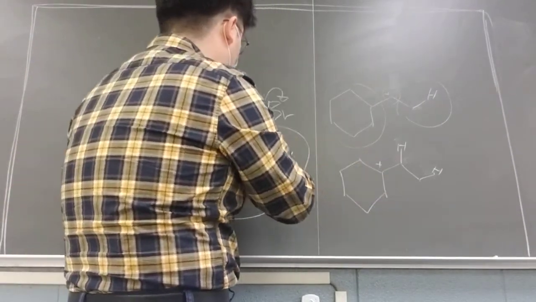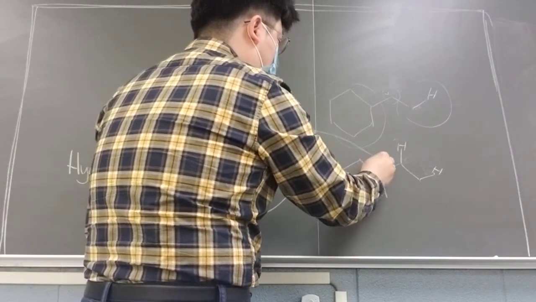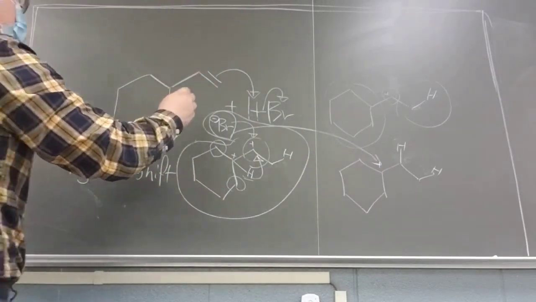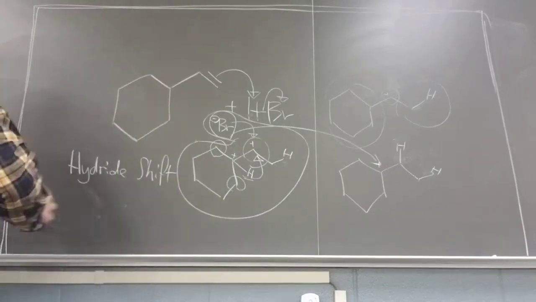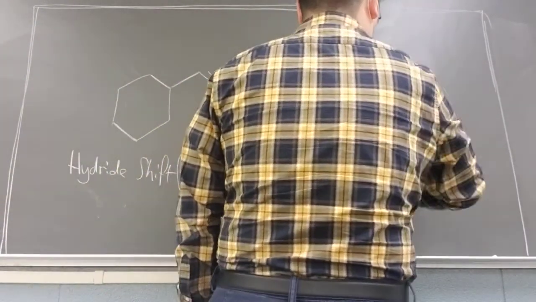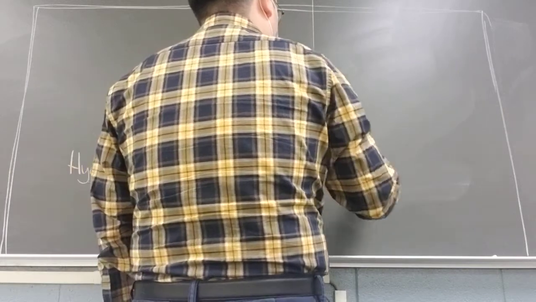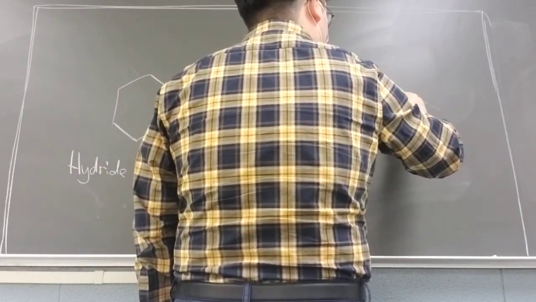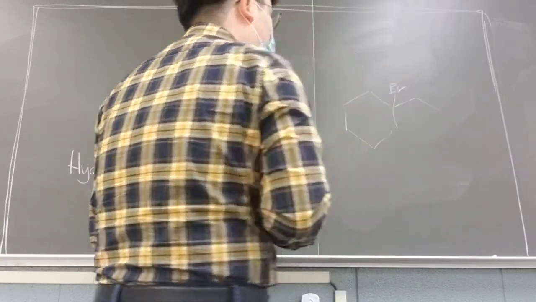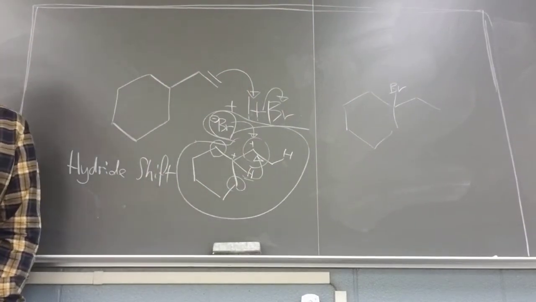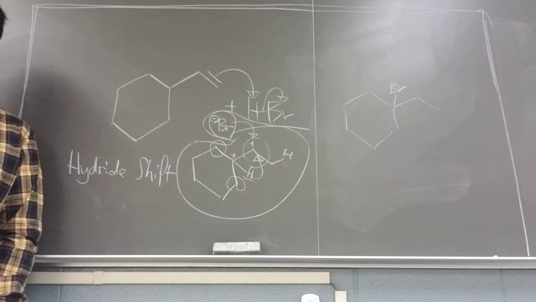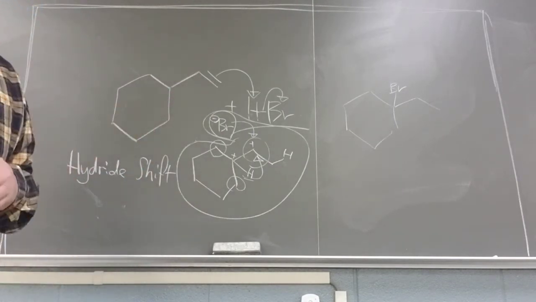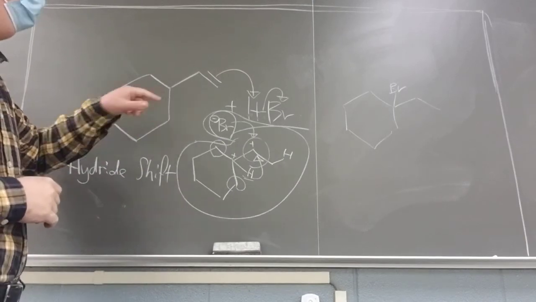And then this comes in and finishes the reaction. So the correct answer is this one, okay? So it's a good reminder, right? This is just a few exceptions that you need to know if there's a case.